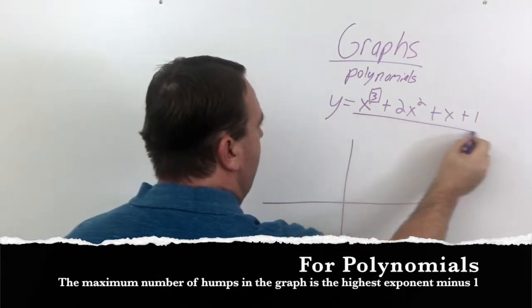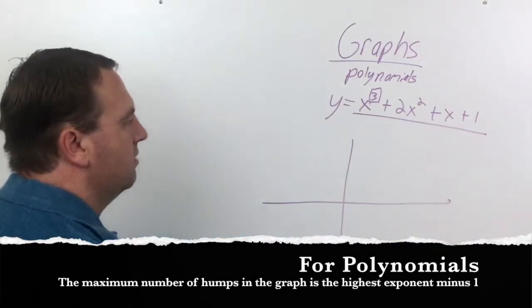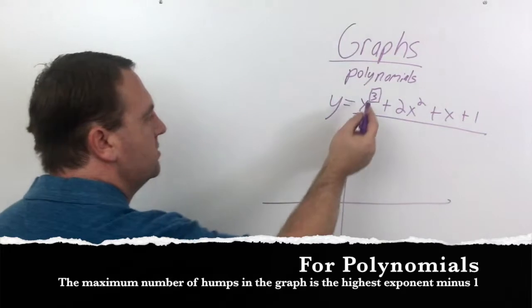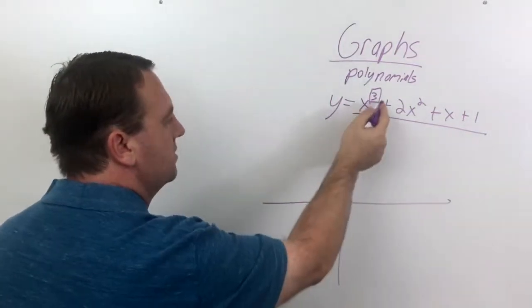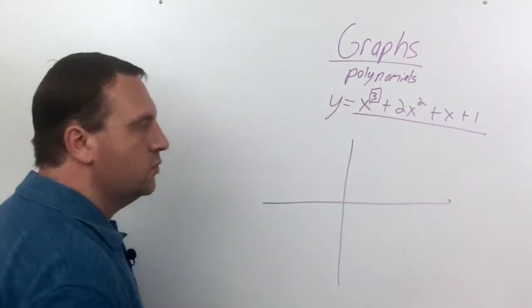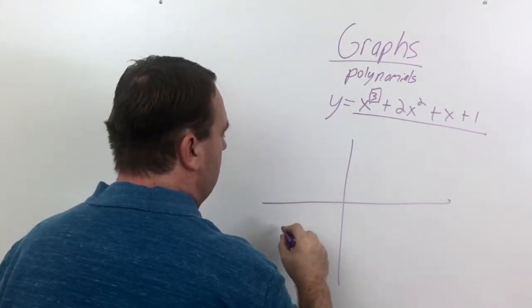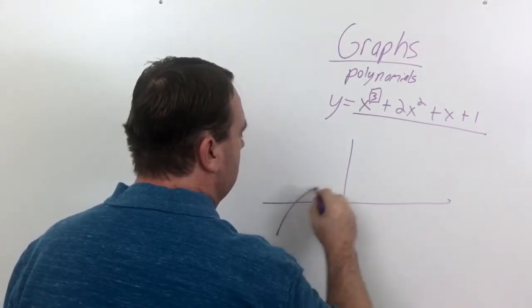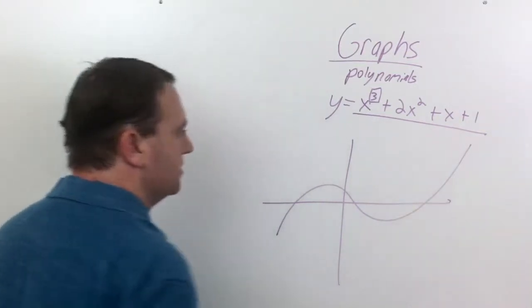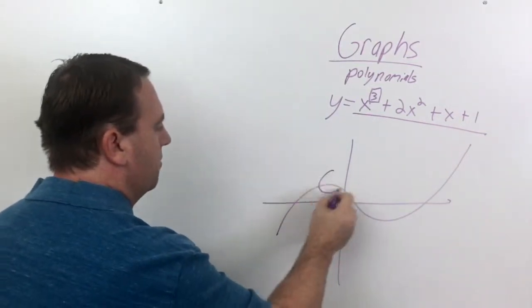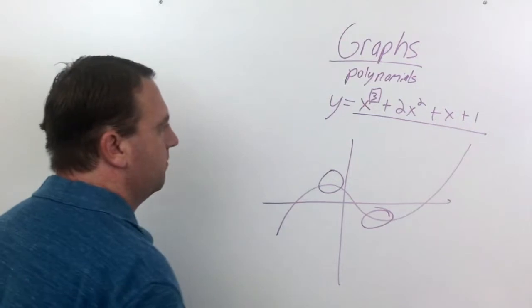So the graph of this function will have at most 2 humps, because 3 minus 1 is 2. And so it will look something like this. Okay, so we have 1 hump and we have a second hump.